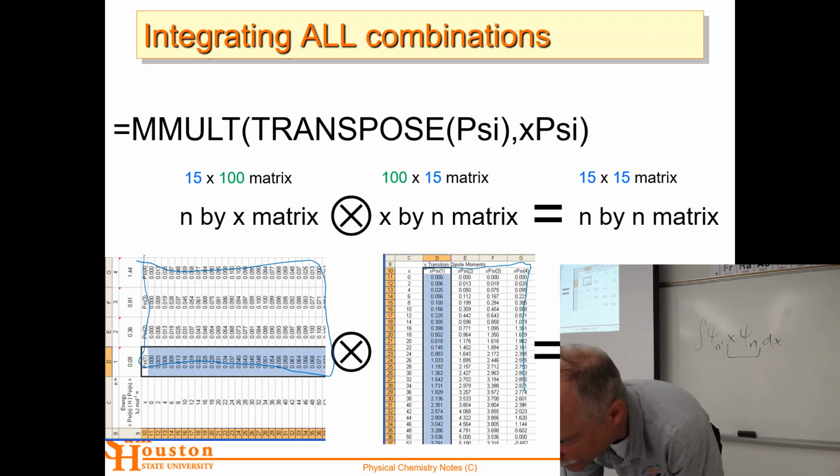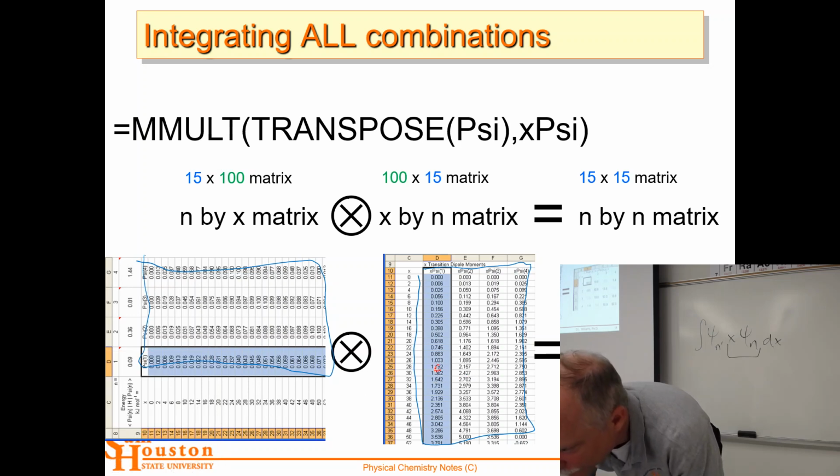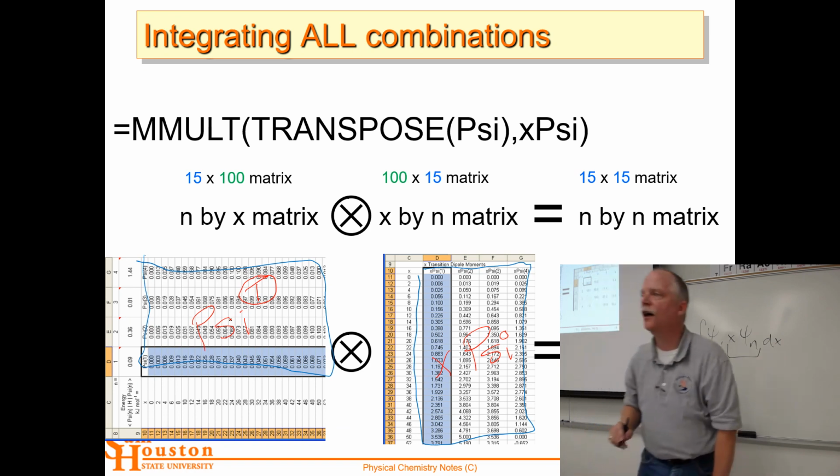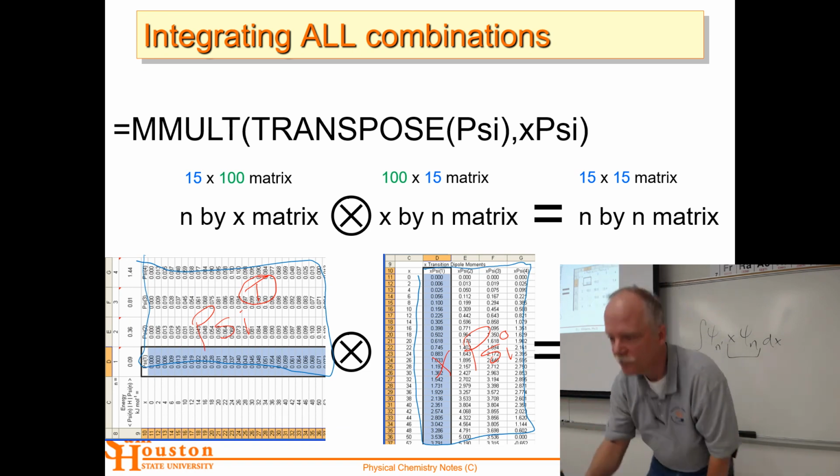So we have x psi here. I'll put a little T in a circle up here to show this is the transpose of psi. So we're transposing psi, and then we're multiplying it by x psi.